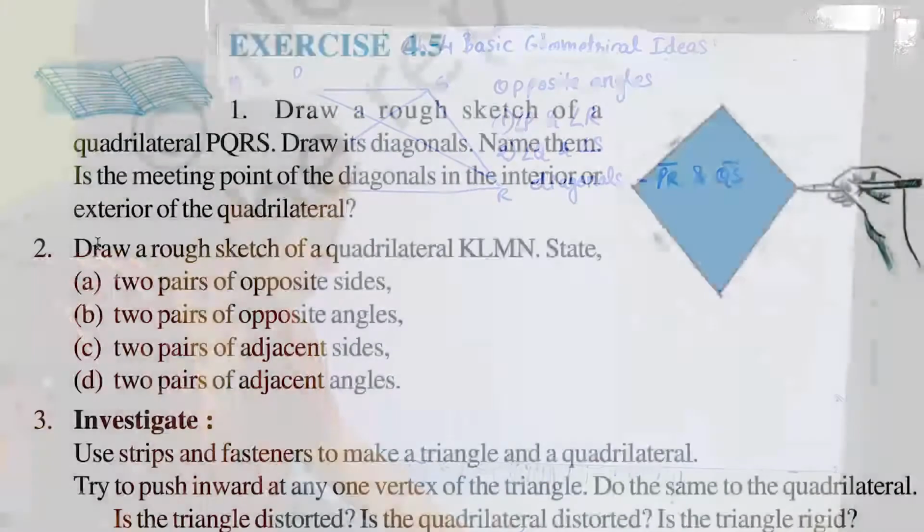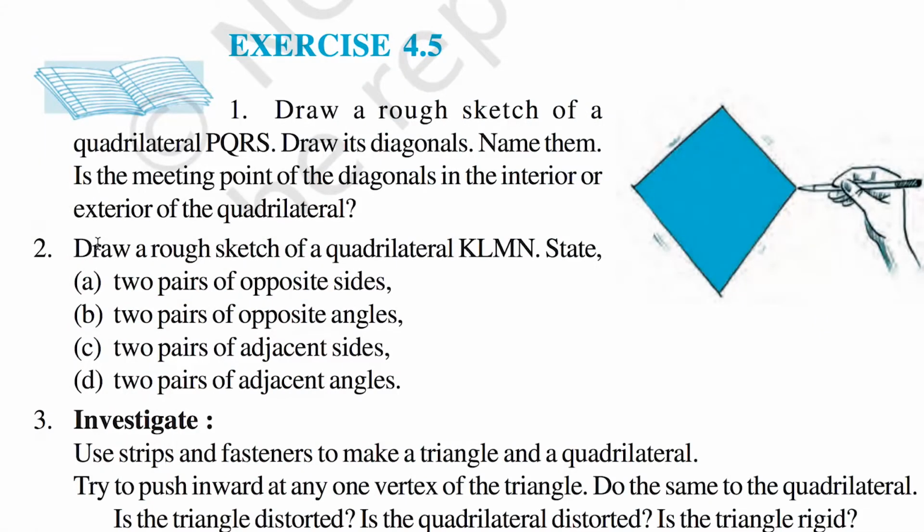Exercise 4.5, question number 1. First is, draw a rough sketch of quadrilateral PQRS, draw its diagonals and name them. Is the meeting point of the diagonals in the interior or exterior of the quadrilateral?